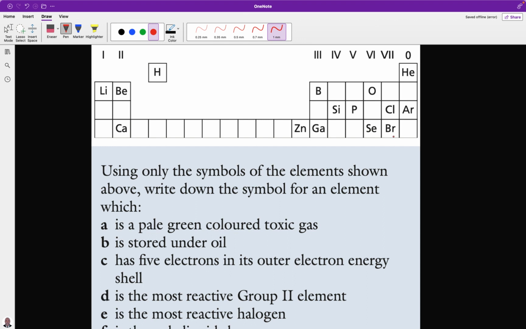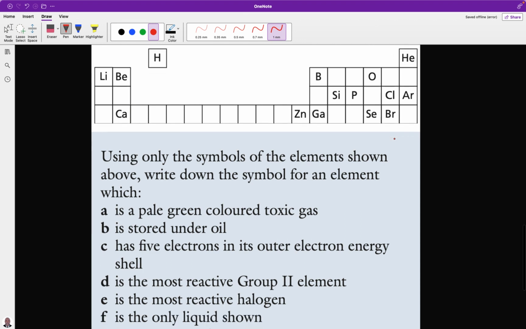Chlorine is a pale greenish gas, and bromine was a brown liquid. So the element is Cl, which is chlorine.